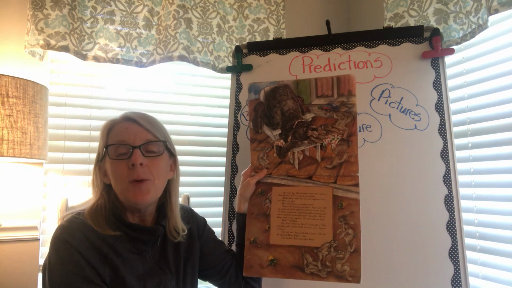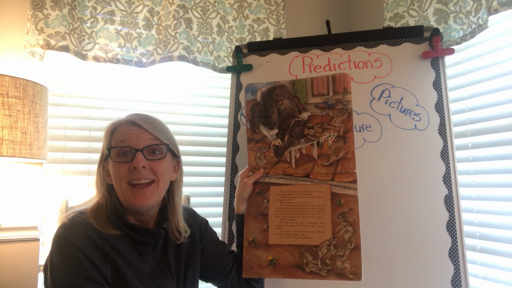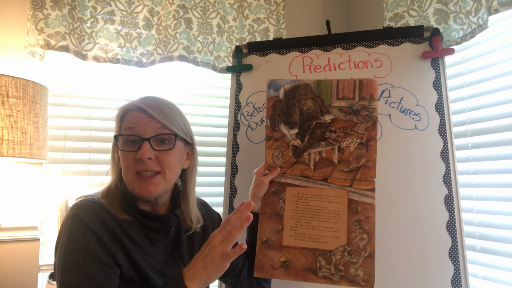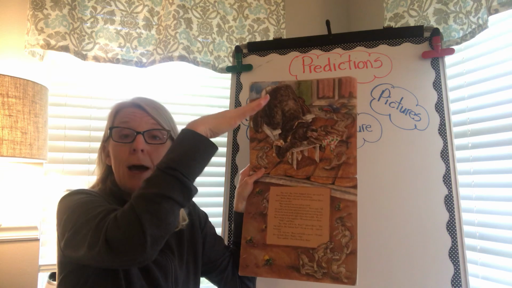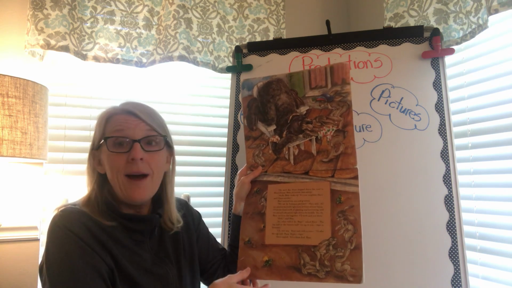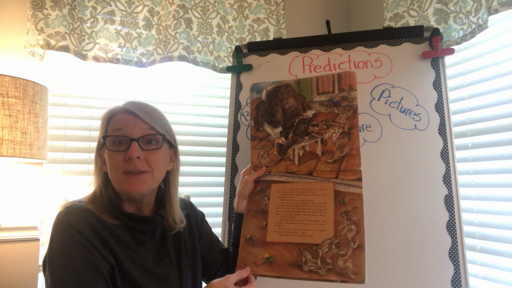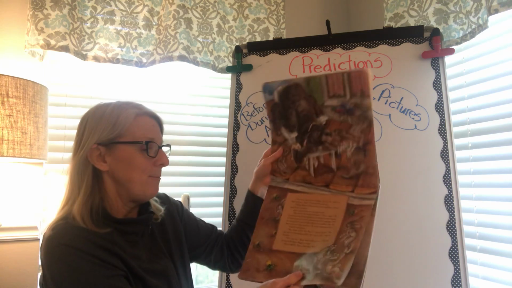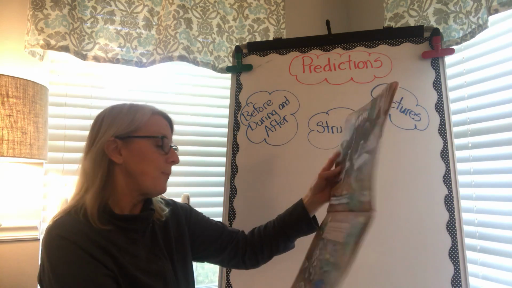Ooh, I'm going to predict that maybe Bear is going to make the wrong choice because he's having to choose if he wants the top half of the plant or the bottom half of the plant. Wow, I think we're going to be hearing this tops and bottoms theme all the way through the book. That is my prediction. All right, let's keep going.